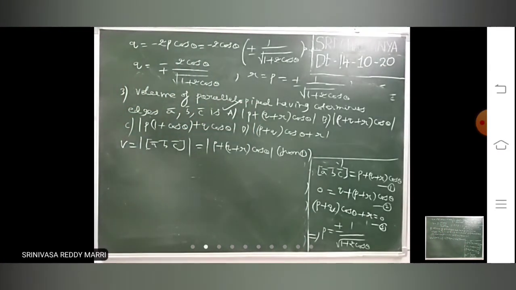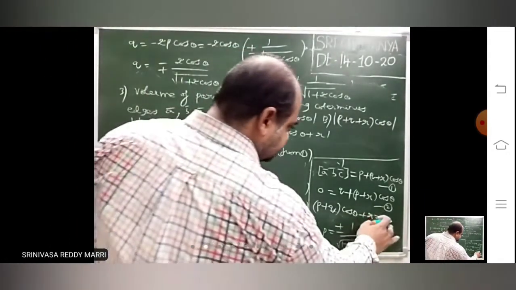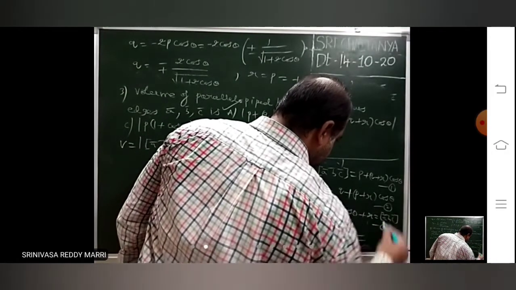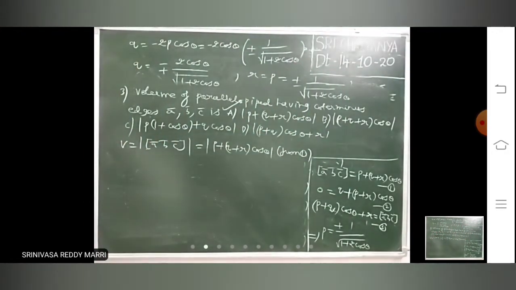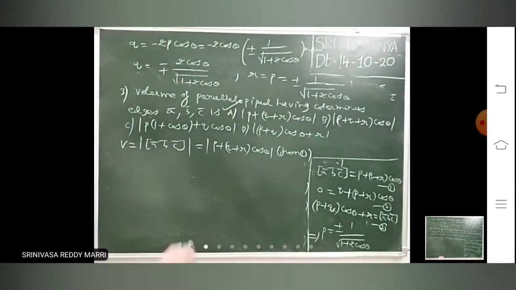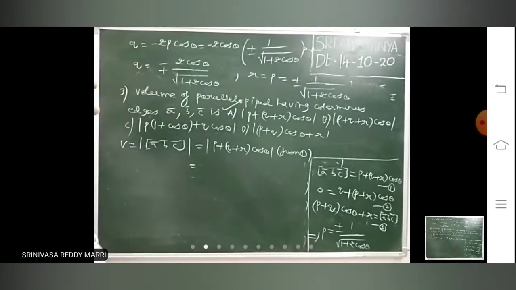Now you got this is equal to the third box ABC, not 0. Third, that is box ABC. So therefore, this is 0. This I have rubbed here. So that is box ABC. Right?